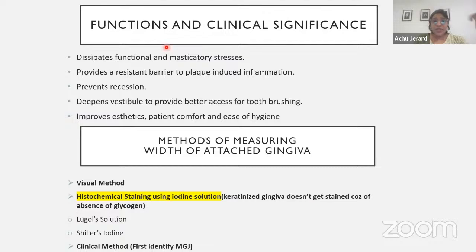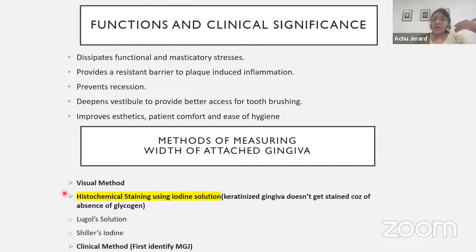So now, I've already told you about the attached gingiva, its clinical significance, its function and everything. It's very important that you have adequate attached gingiva to maintain your oral hygiene and also to prevent any type of periodontal breakdown. That is the importance of it. So we have to know how to measure the width of attached gingiva.